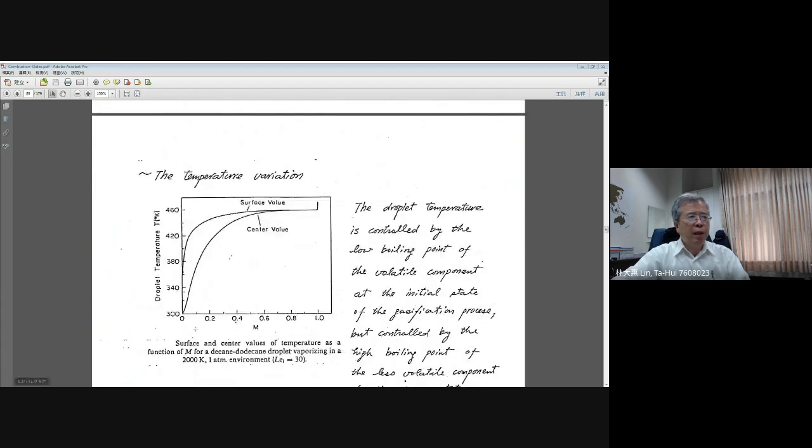Here in the same way the horizontal axis represents the time history, how much of the fuel evaporates until one, which means the droplet is complete and has finished gasification. Then in this period, they measure the droplet temperature on the surface and also at the center point.